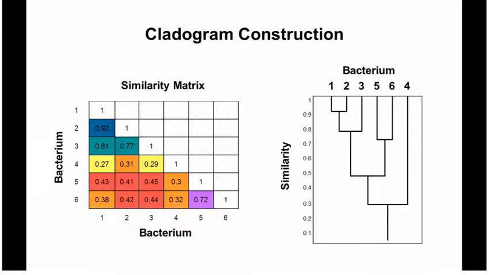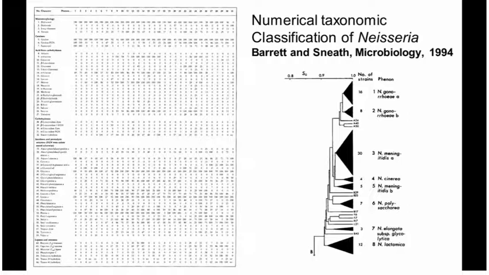And then you can use distance methods to construct a cladogram here. And this gives you your taxonomic classification. So I tried to find some examples of this because it seemed to me pretty old-fashioned, okay? And I did manage to find a paper from 1994 where people did this to try and classify different species and different strains of Neisseria.